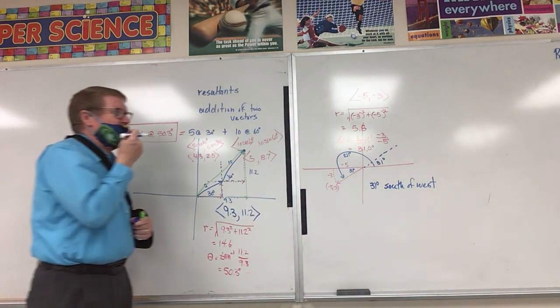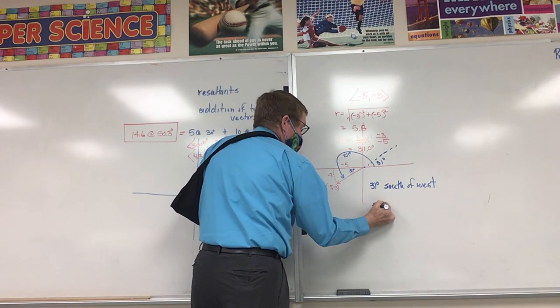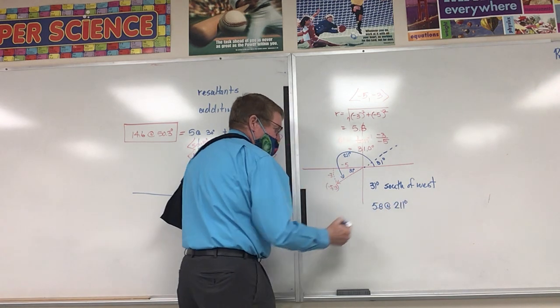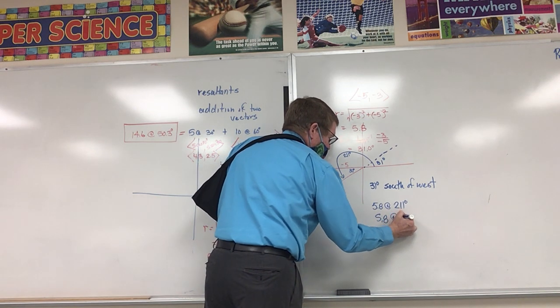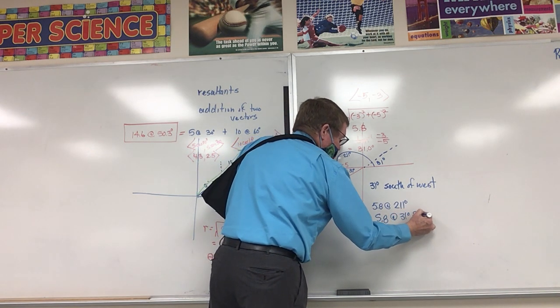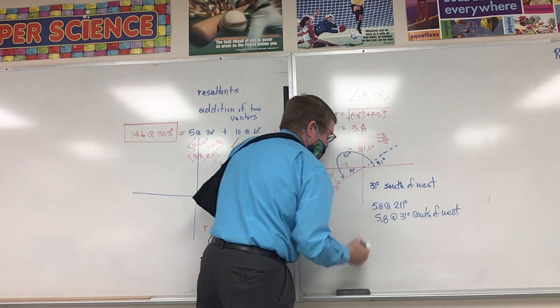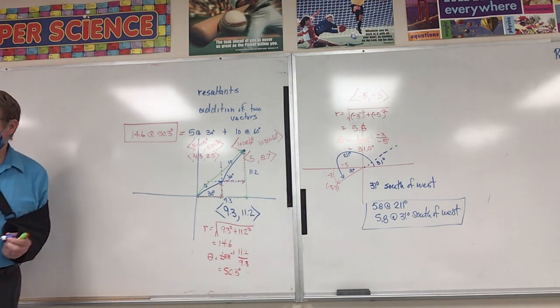So I could write it two different ways. I could say that this is 5.8 at 211 degrees, or I can say that's 5.8 at 31 degrees south of west. So I could write it either way.